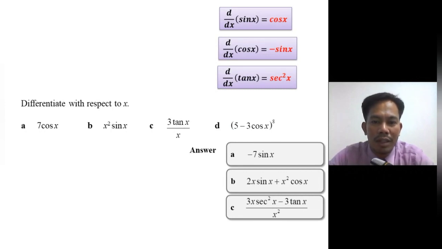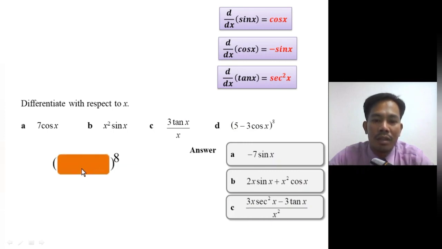If you notice, letter D is an expression inside the bracket with an index outside. Are you familiar with this? Basically, this kind of problem uses what we call the chain rule. When using the chain rule, you have to cover up whatever is inside the bracket.